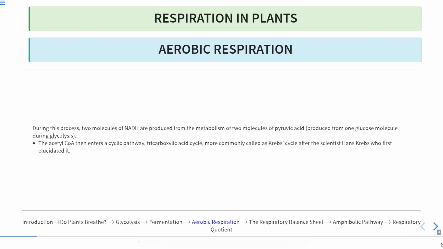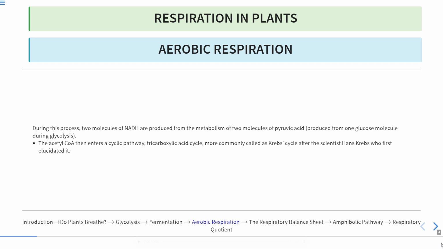Now, during this process, 2 molecules of NADH are produced from the metabolism of 2 molecules of pyruvic acid. To understand this, glycolysis starts from the glucose molecule, a 6-carbon compound, which gets converted to pyruvic acid, a 3-carbon compound.